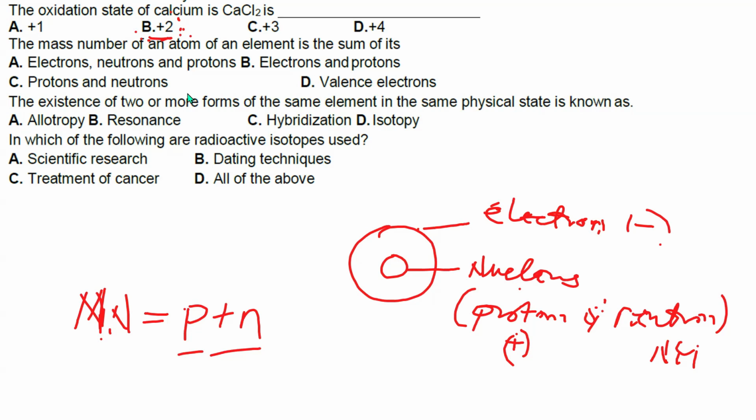There is also the treatment of cancer, like X-rays and gamma rays. You can use X-rays in the diagnosis of disease, but for treatment, you can use gamma rays for the treatment of cancer. So it means that all of the above is the answer to this question.